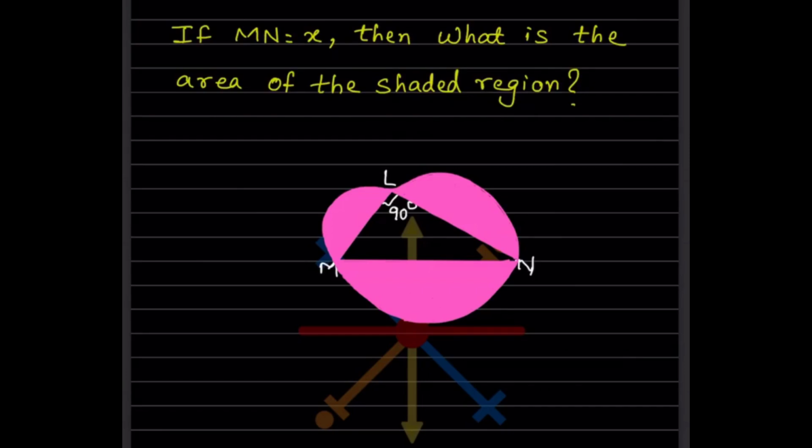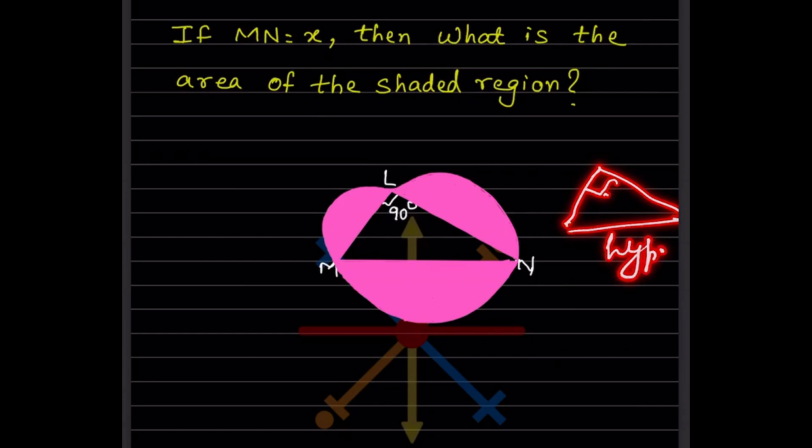So today let us see how to solve this one. If MN is x, they ask what is the area of the shaded region. So this is the diagram given. Here this is given as 90 degrees. When you take this triangle, the side opposite to this 90 degree is always going to be the hypotenuse.